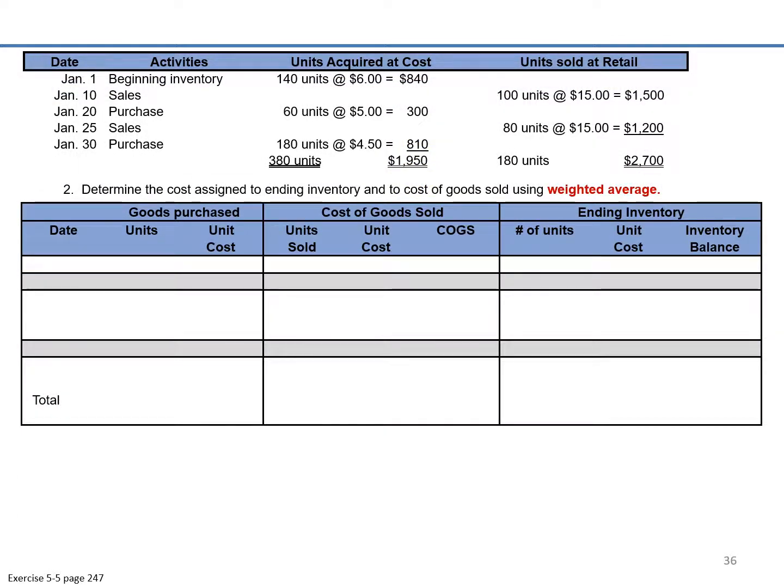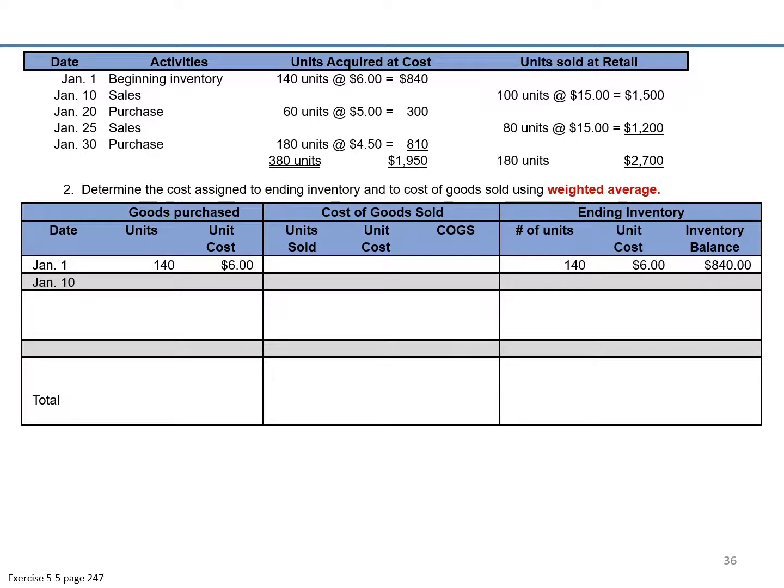All right, so determine the cost assigned to ending inventory using weighted average. Under the perpetual method, you have to compute your weighted average after every transaction. On January 1st, we started with 140 units at $6 each, and we didn't sell anything, so we have ending inventory of 140 units at $6 each, or $840.